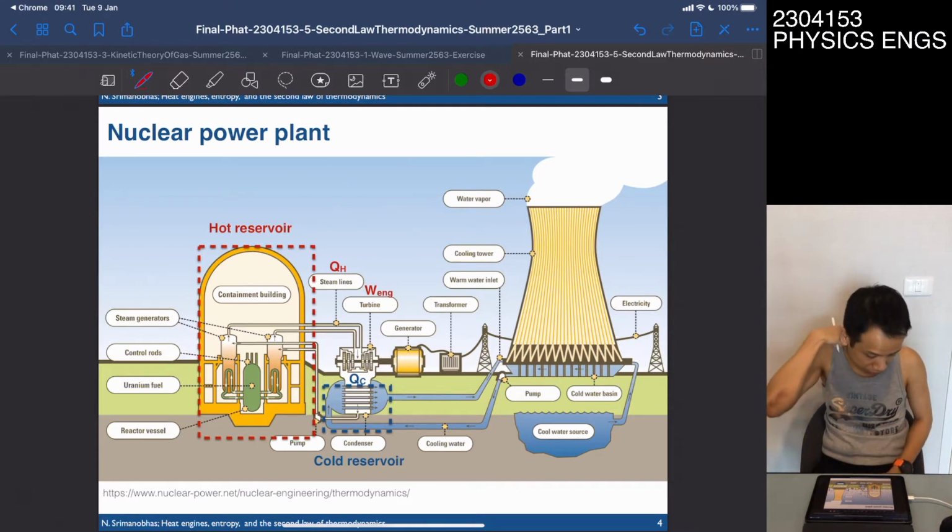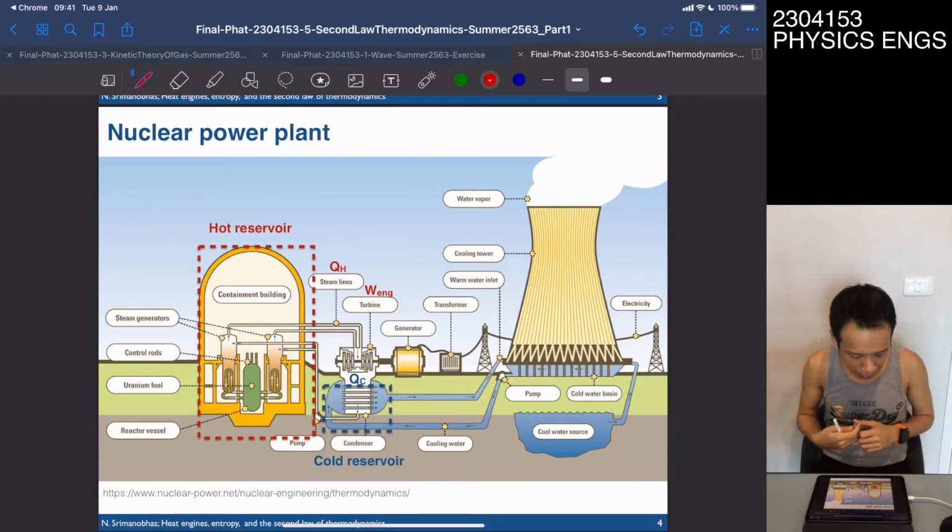Inside you have the uranium fuels, the nuclear fuels, and these can provide the heat. When you have the heat, it can boil the water.